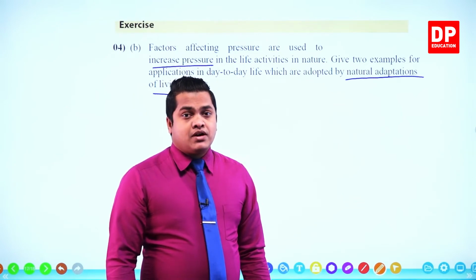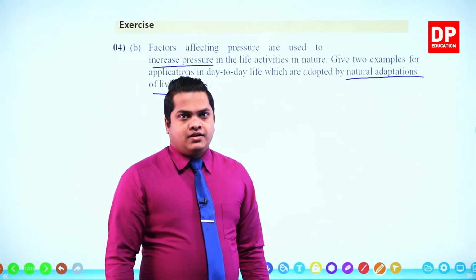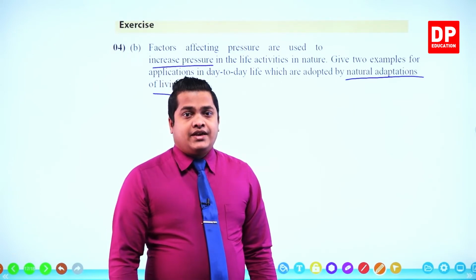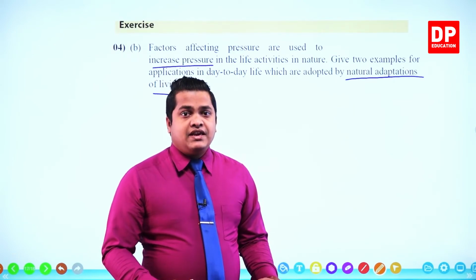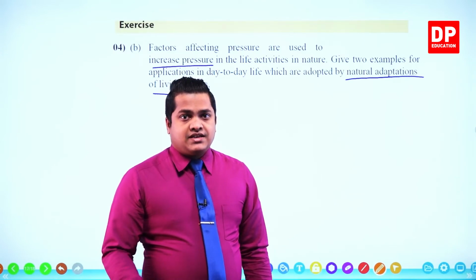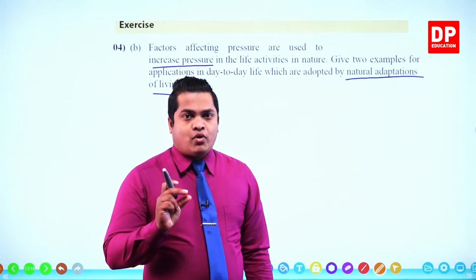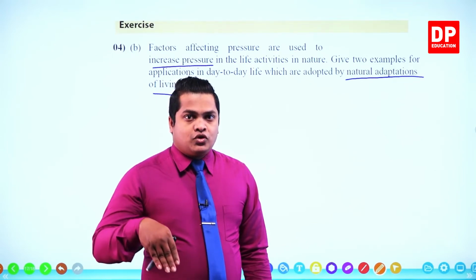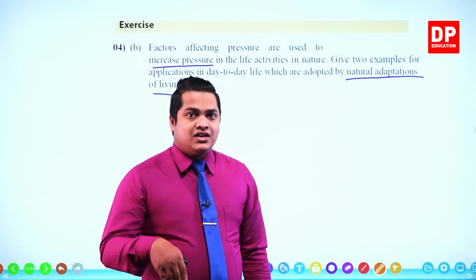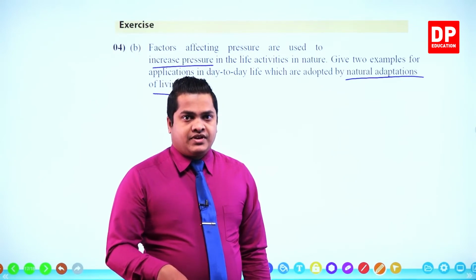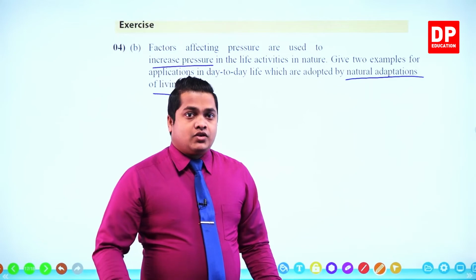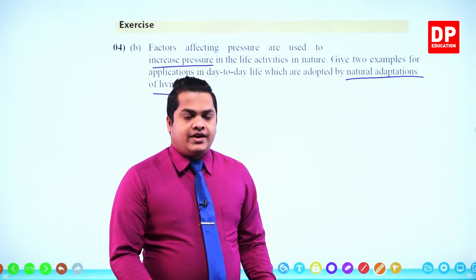Then if you take a bird, right, when you take a bird like kingfisher, it has a very sharp and pointed beak. It allows it to sink through the water, dive through the water to catch fish, right?